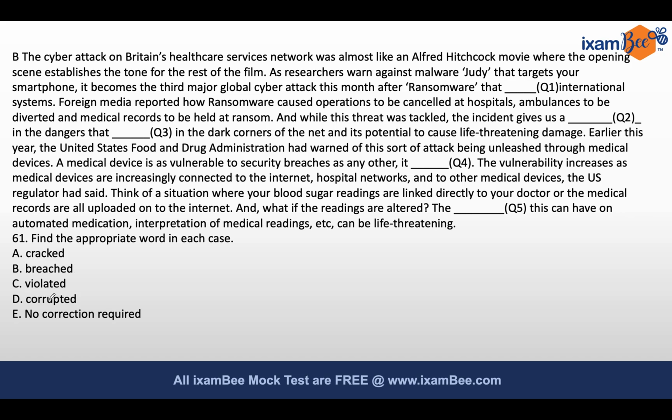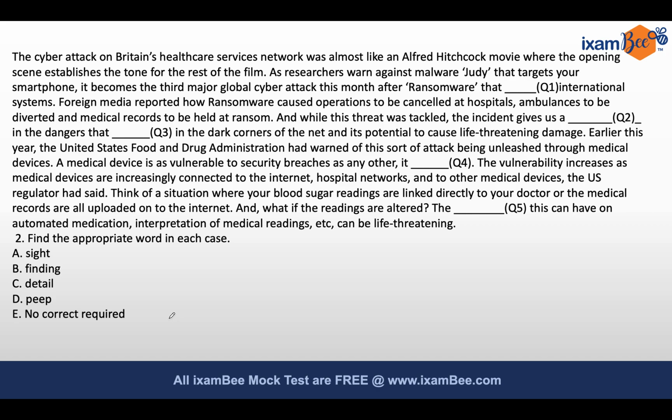So this is the first question. The first one, the blank is 1. So here are the 4 options. This is the second one. So our options are sight, finding, detail, peep. Here is option 3.